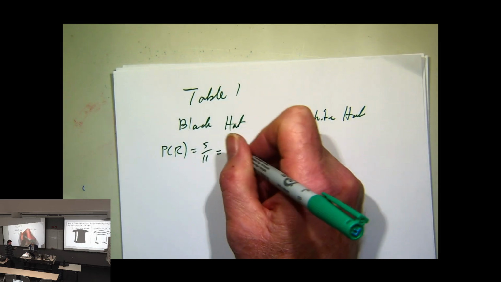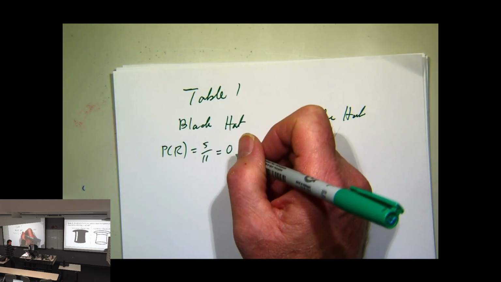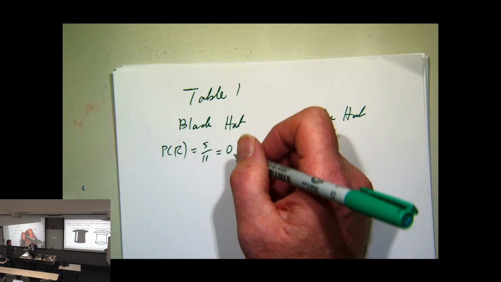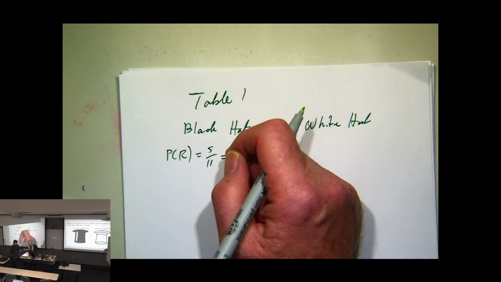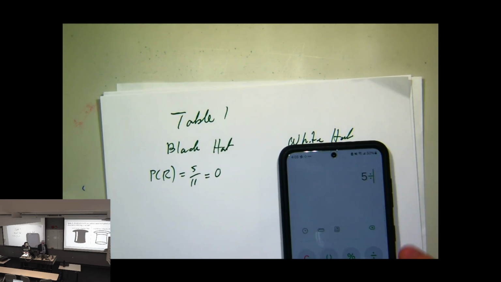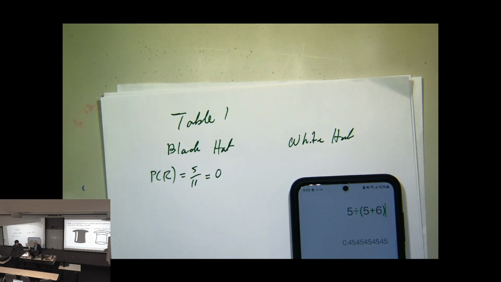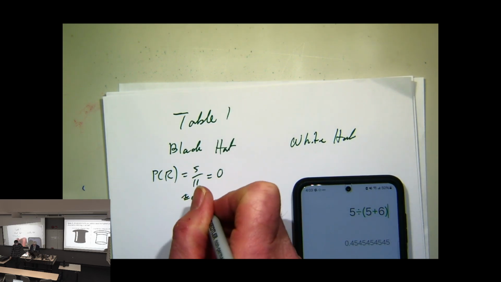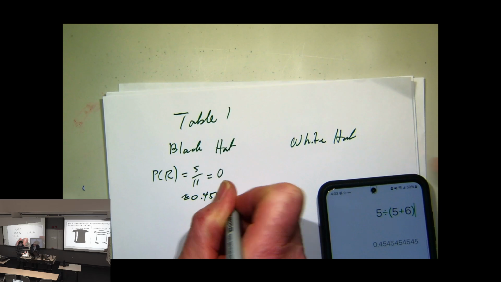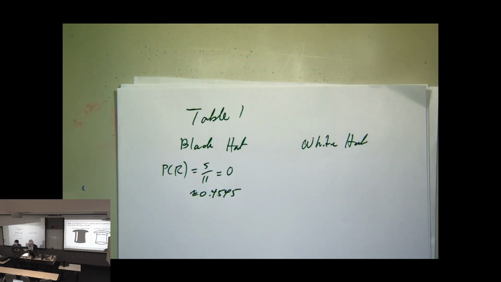Yeah, 5 over 6. Oh my god, I did it all wrong. This is so embarrassing. So you have to do 5 divided by 5 plus 6, see? Never do any math in your head. Always the calculator. Okay, 0.4545. We can live with that if you round it off properly.